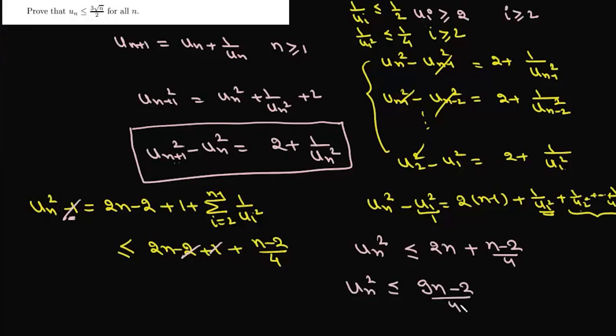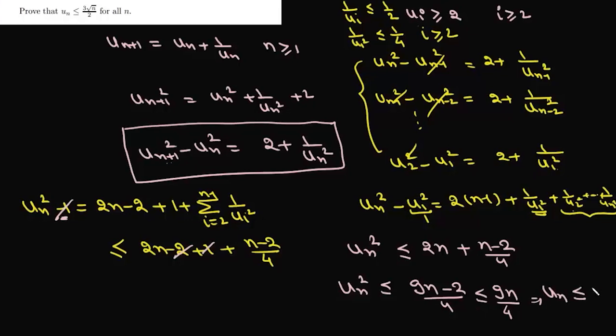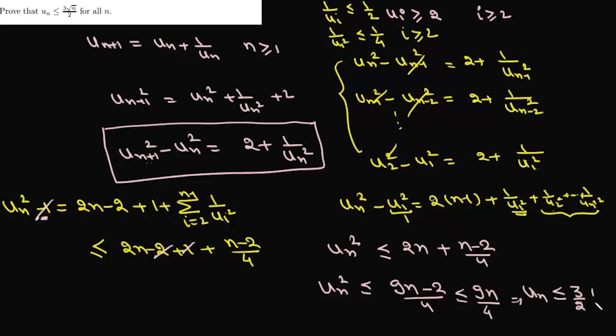Now this 9n minus 2 by 4 will be less than 9n by 4. If we take square root on both sides, we can write Un will be less than 3 by 2 under root n, which is what we need to prove in this question.